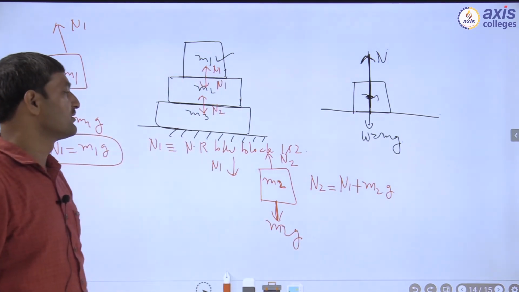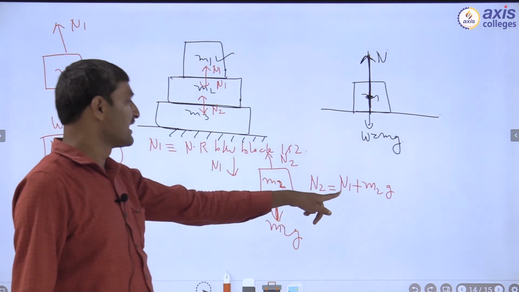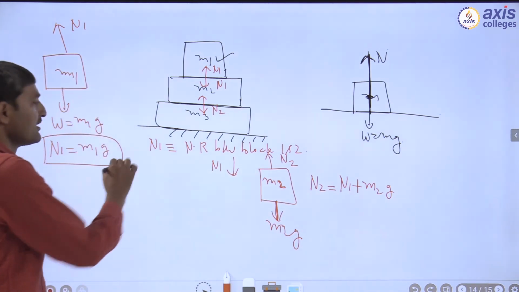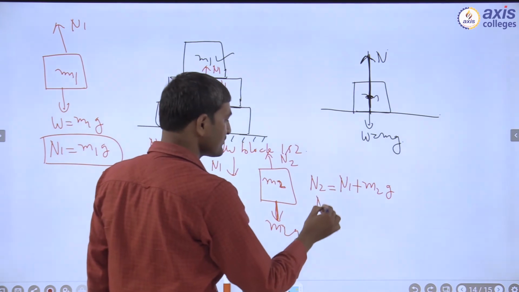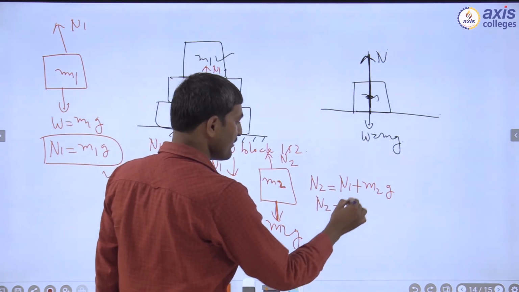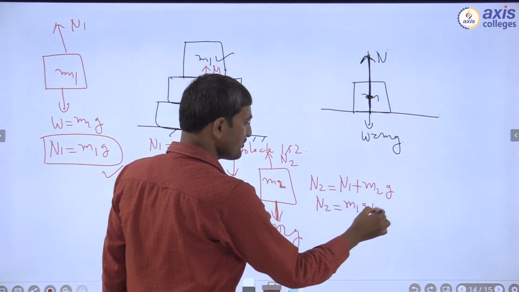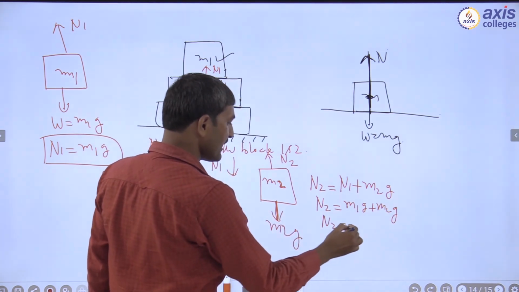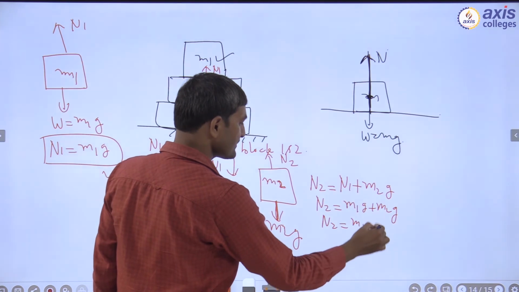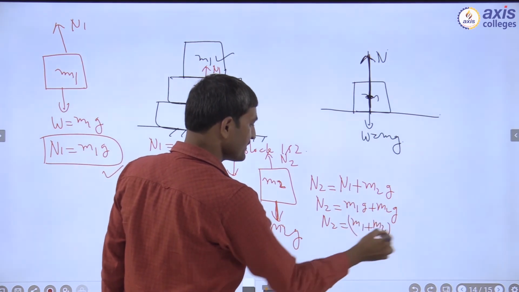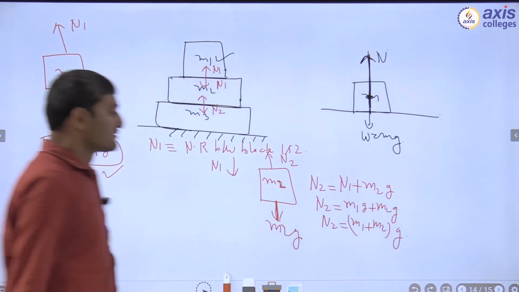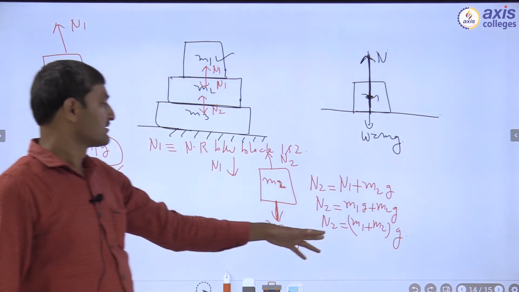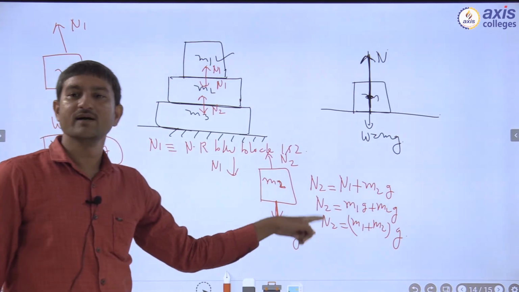Then what is N1? From the earlier equation, N1 equals m1g. So N2 equals (m1 plus m2) into g. This is the normal reaction between block 2 and 3.